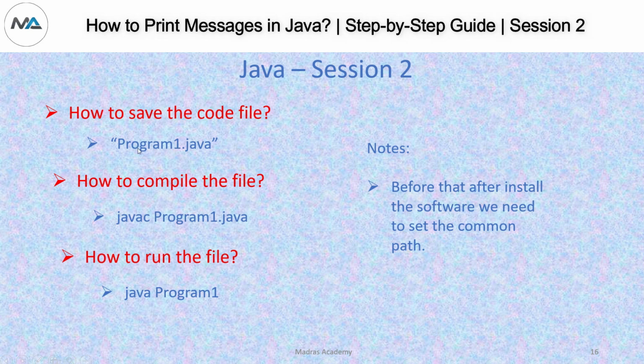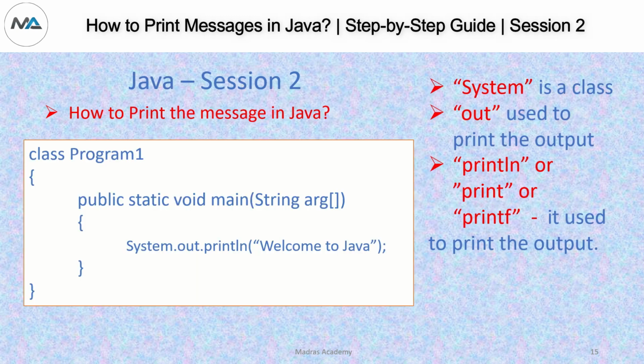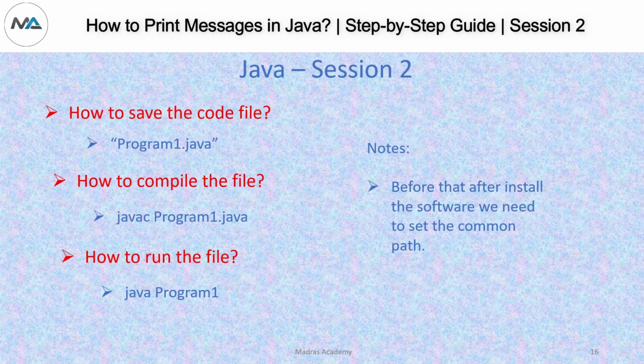So you need to give the same name. You can give some other names also, not a problem. You can save with any other name, it will work. But if you follow the procedure, whatever the class name we have, using that class name, save the file.